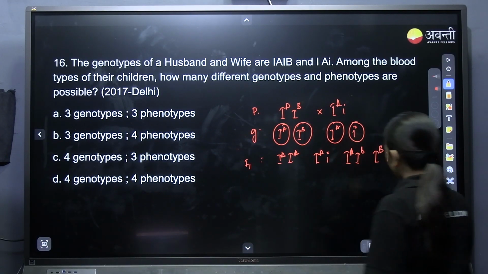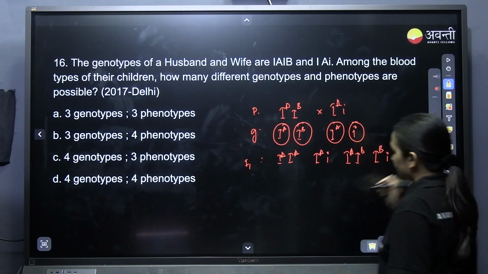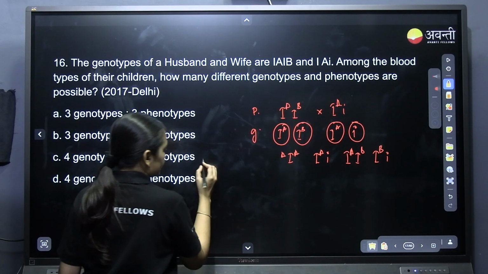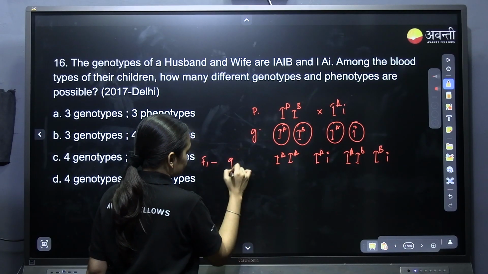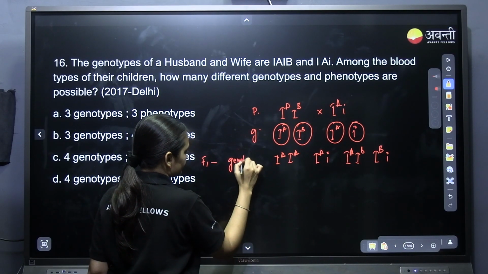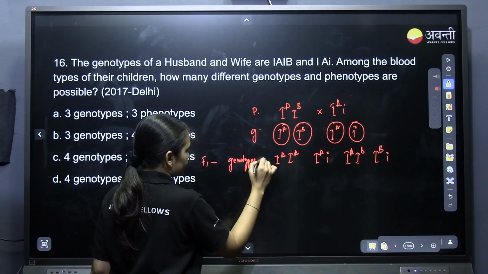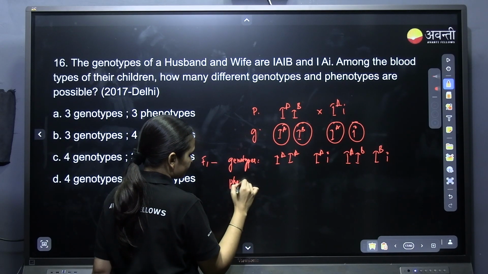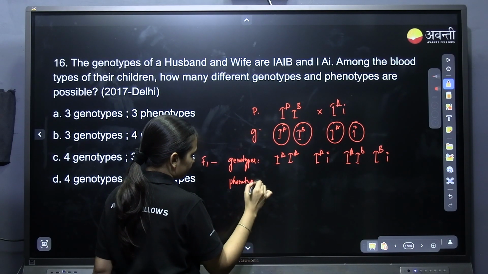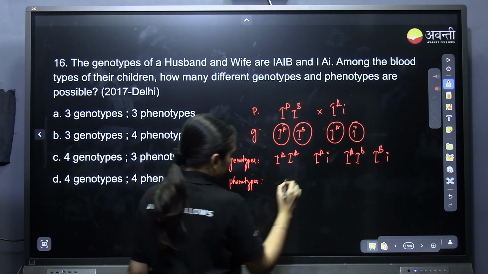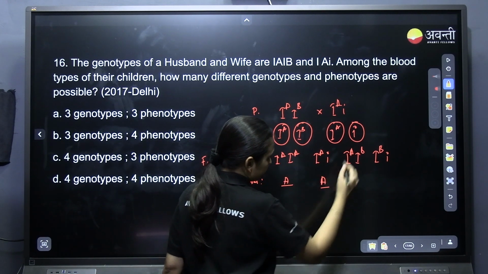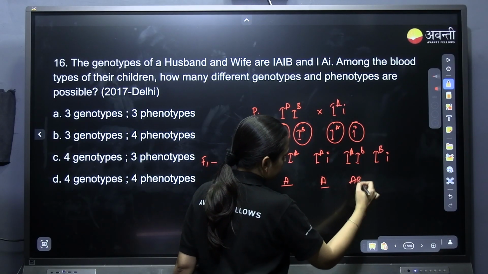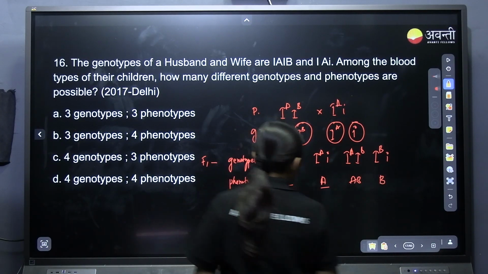Now coming to the phenotypes. In F1, the genotypes are these. Phenotypes: IA gives A blood group, A type, AB type and B type.